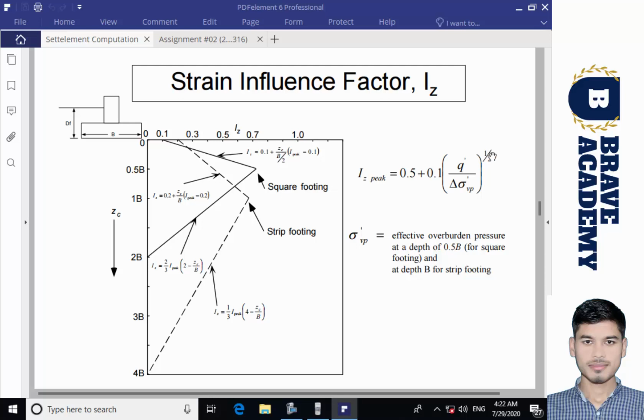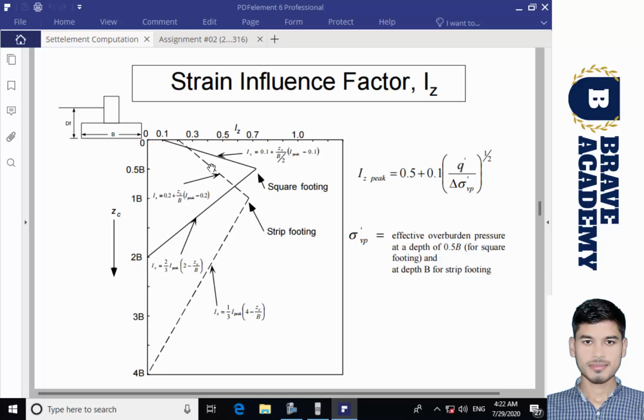And this is a formula for Iz peak. You can see here that for the solid line, that is for square footing, the maximum value of Iz will occur at a depth of 0.5 B from the base of the footing.